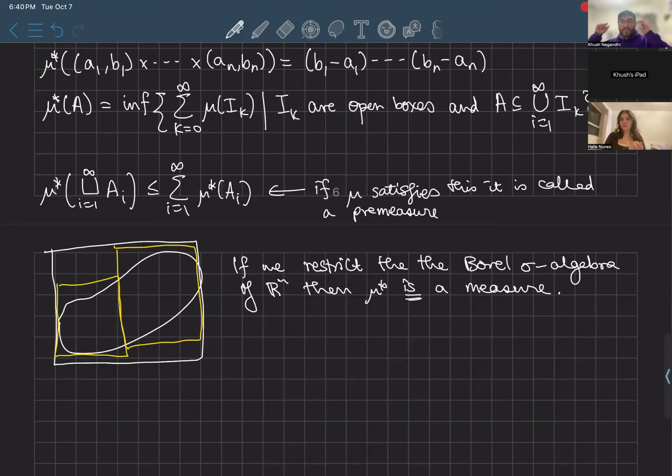So, woohoo, we found a collection of sets that is actually quite nice, right? We found the Borel sets of our form of measure. So we call this measure the Lebesgue measure.